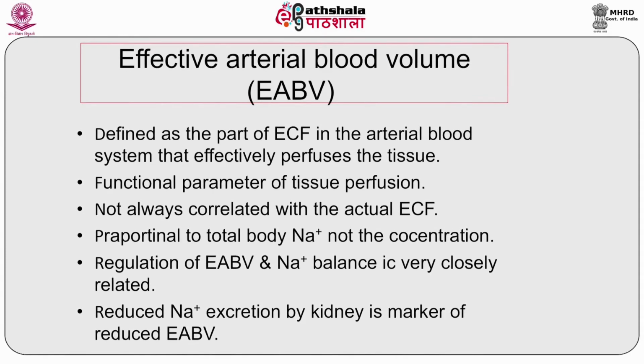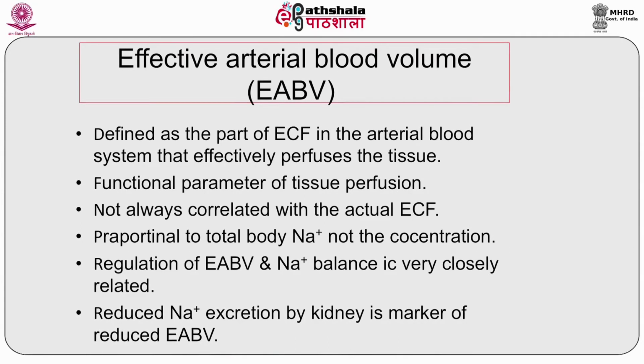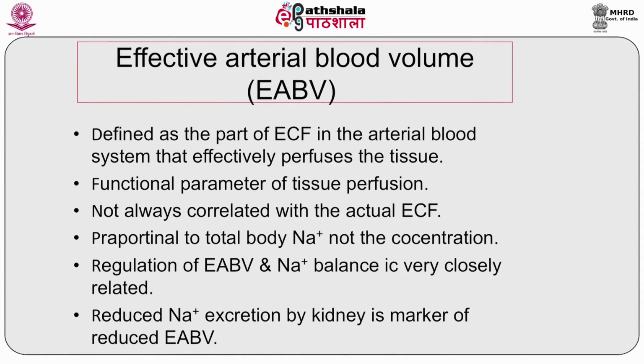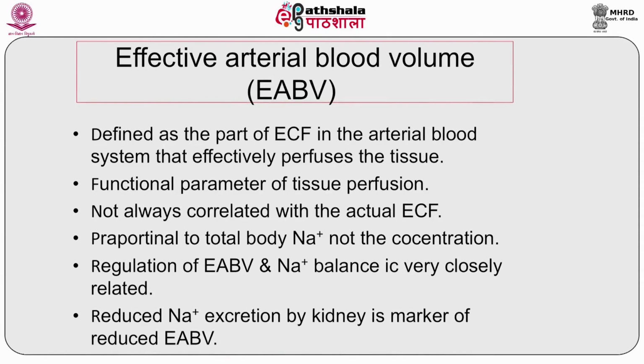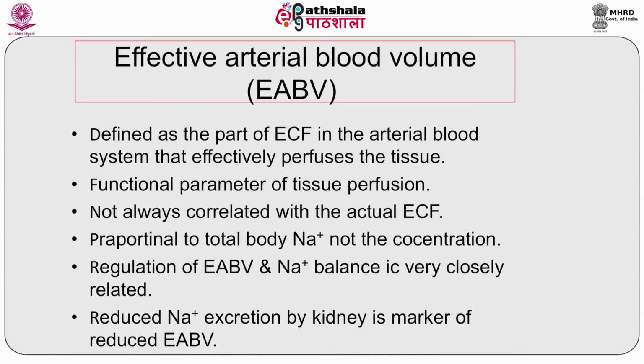It is mostly correlated with the extracellular fluid, but not always. It depends upon the total sodium content in the body, not the sodium concentration in the body. It is very tightly regulated in the body, and urinary excretion of sodium is the marker of effective circulatory volume.